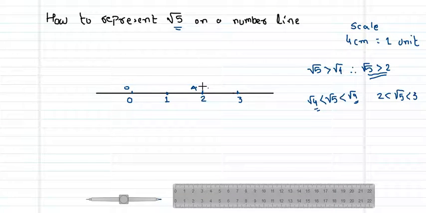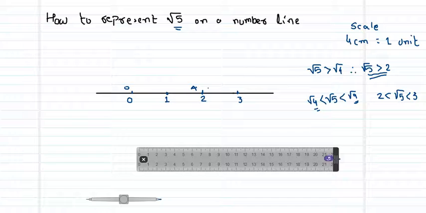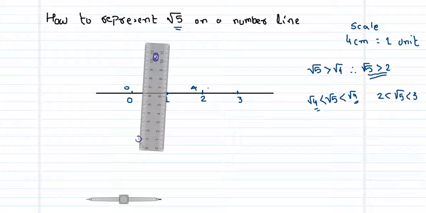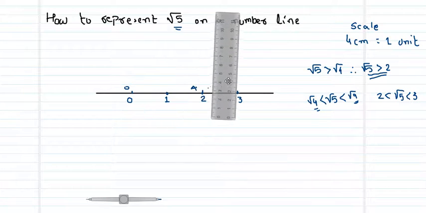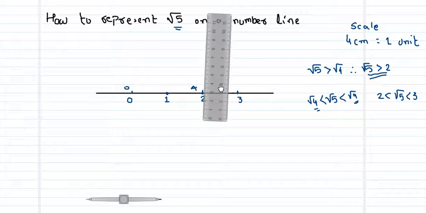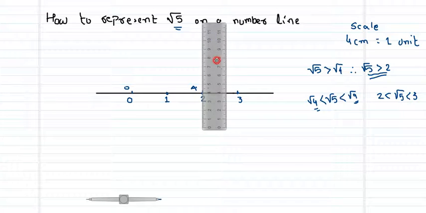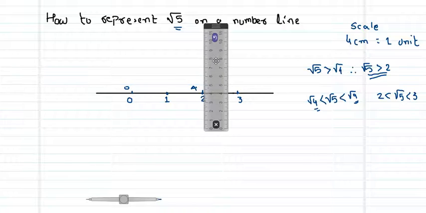This must be 1 unit, so that we can draw root 5. Okay, so again we need this scale, which will help us to draw one unit of 4 centimeter.